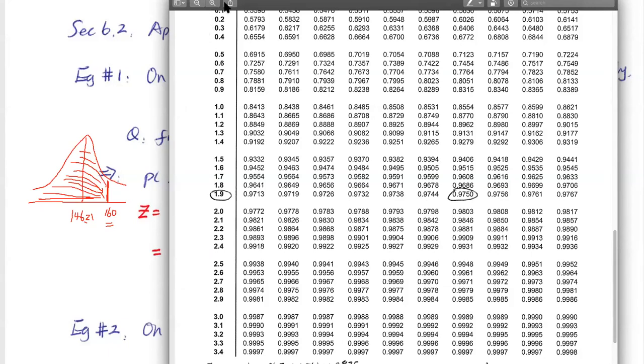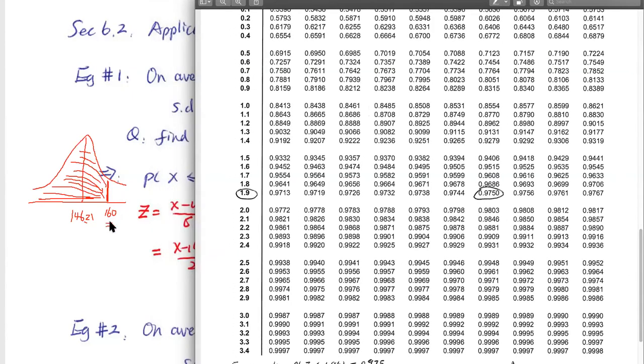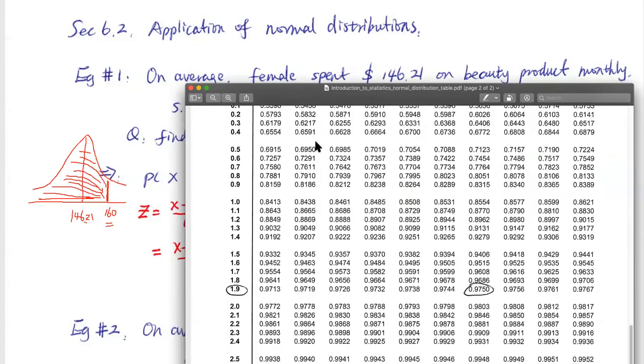So the tricky part, everybody, is that we cannot apply this table directly to 160. Why? Let's review: what do we call this Z table? Z table means standard normal distribution table.